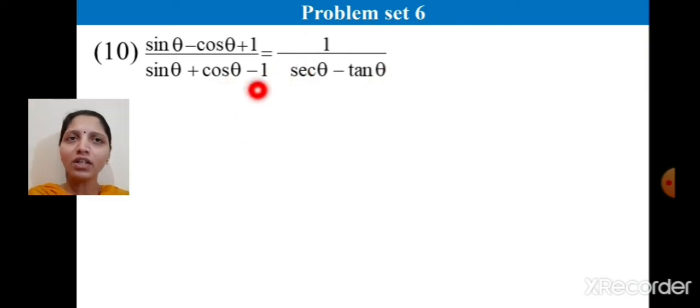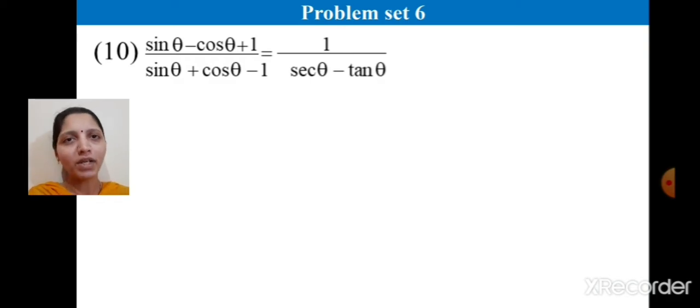Okay, you can consider LHS and then you can show it is equal to RHS, but in LHS there are three terms, so it will be a little difficult to show that LHS is equal to RHS. It will be a complicated one, so it's better you consider RHS and then show that RHS is equal to LHS.